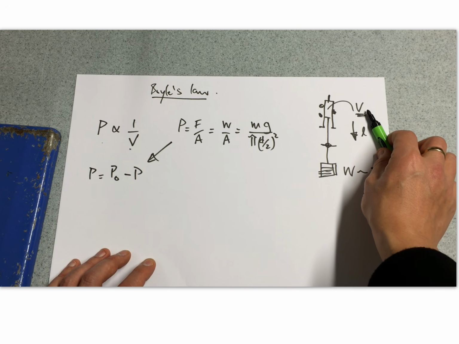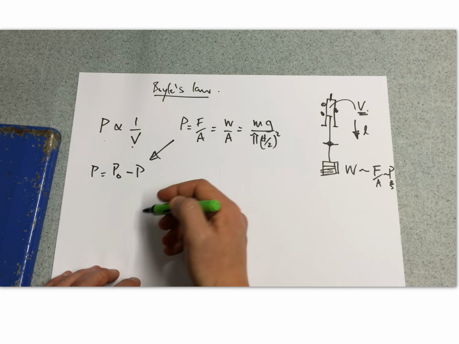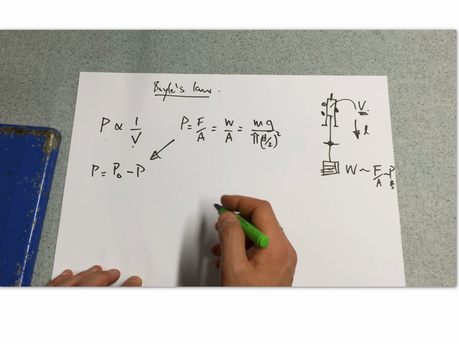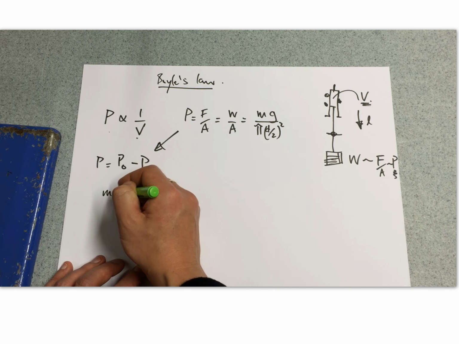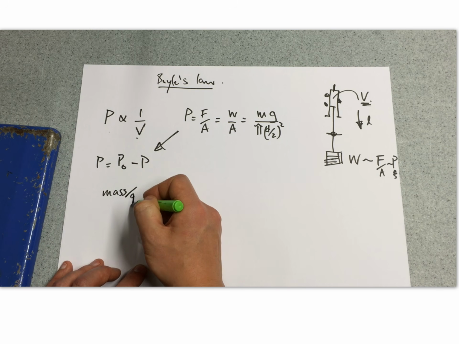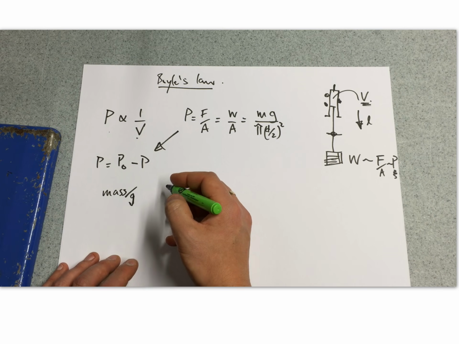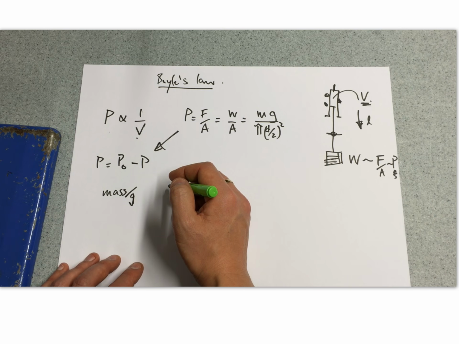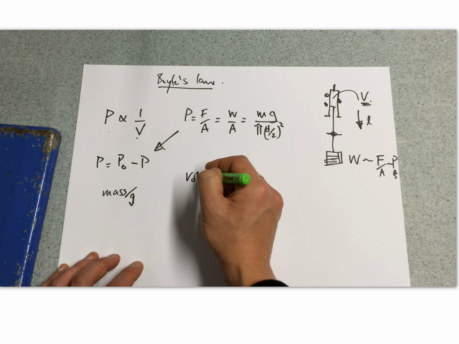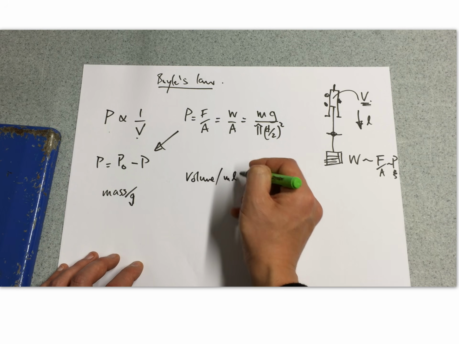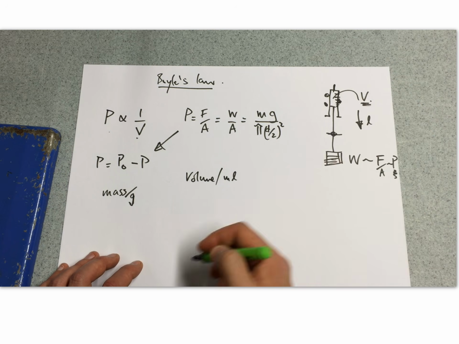And then of course we have the volume V. So based on it, I'll show you the practical in a minute, but just to get our table of results sorted out, our independent variable is the mass that we're applying to the system, and hence the weight. So we want the mass. Then we're measuring the volume. We'll probably do that in millilitres because we're going to use a syringe that has nice gradings on it.